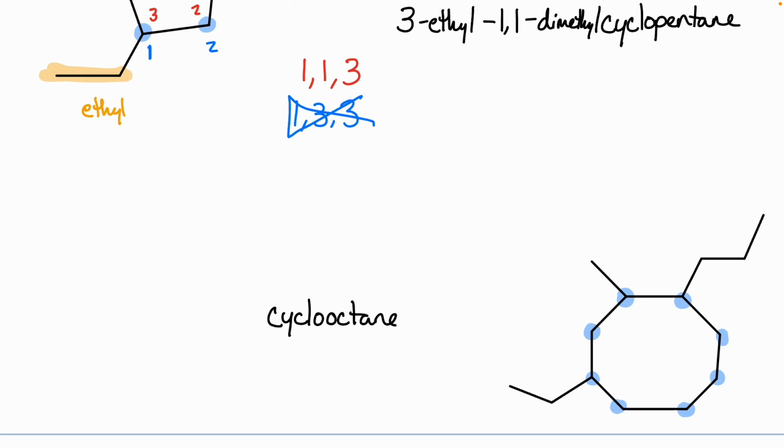Okay, so both of them appear in the name. All right. I have a methyl group, a propyl group, and an ethyl group in this molecule.